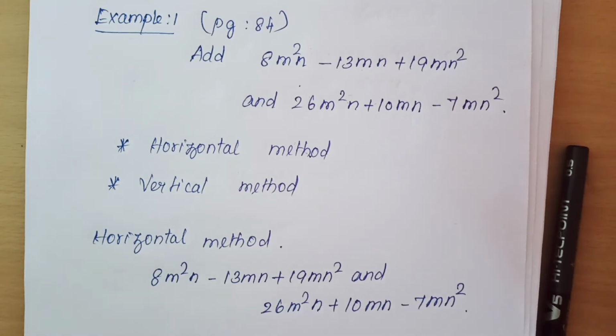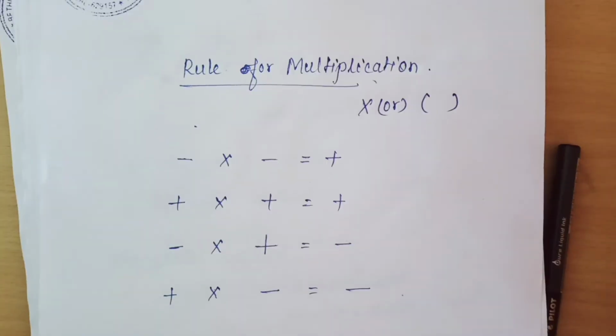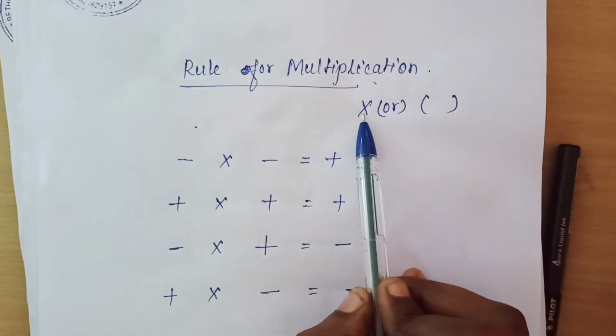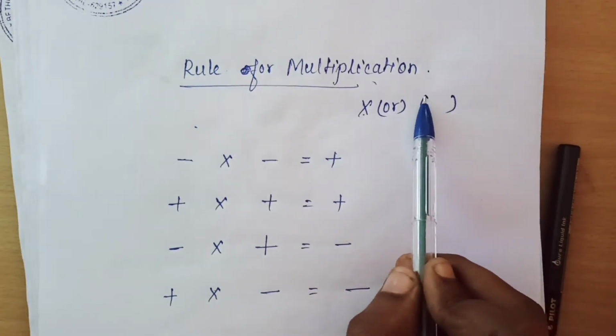Before I start the horizontal method, you know the rules for multiplication of integers. You all know? From the regular classes we have given you the multiplication of integers rule. I will just warm up with that. Rules for multiplication: this is the sign for into, you all know.